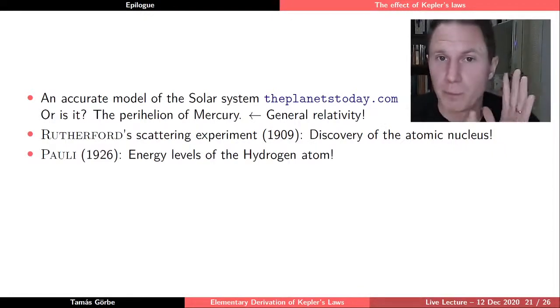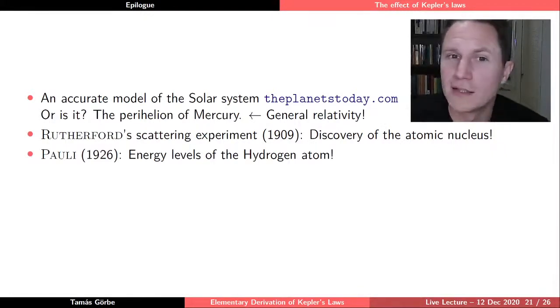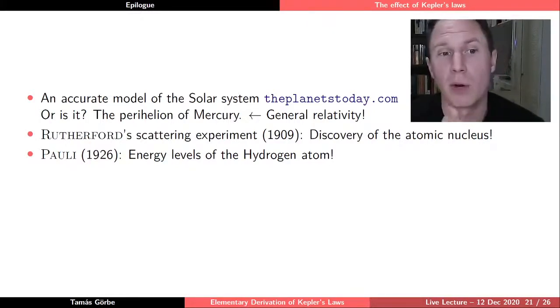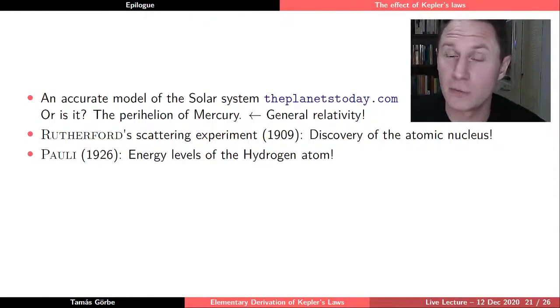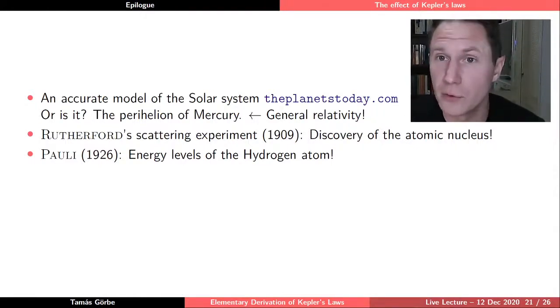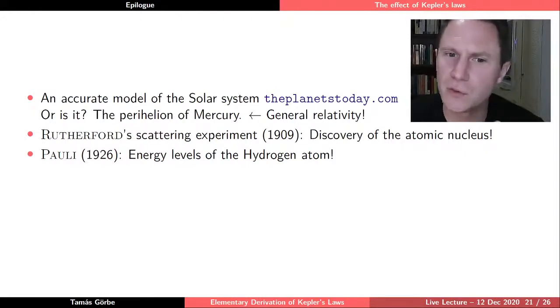Then there was, of course, Pauli in the early days of quantum mechanics, before even Schrödinger writing down his equation. Pauli was able to use the quantum mechanical version of these objects that we just used. So something like the Runge-Lenz vector can be understood in terms of quantum mechanics.